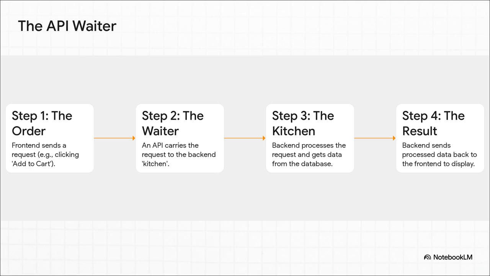The chefs in the kitchen get to work, checking inventory, updating your bill. And once that order is ready, the waiter brings the confirmation right back to your table. The front end then displays it for you, maybe by updating the little cart icon in the corner. It's this non-stop, super fast back and forth that makes the whole thing feel so smooth.